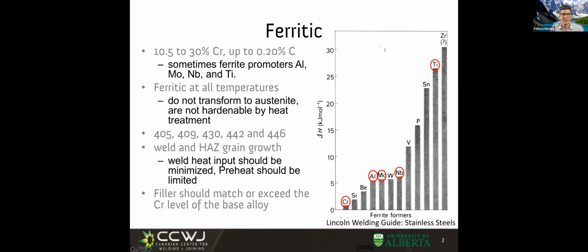They have these ferrite promoters or ferrite stabilizers, such as, in these curves I showed you, aluminum, moly, niobium, chromium, and there are others too, right? And as you get deeper and deeper, you might wonder why this and not that. We start having more and more interesting conversations, because these things not only promote the ferrite, but sometimes they want to form carbides, and there's a balance between those.